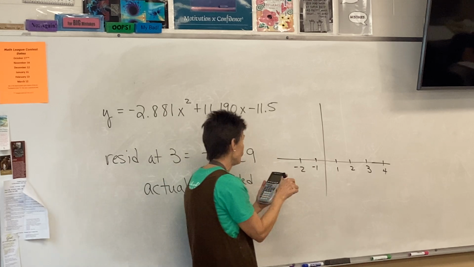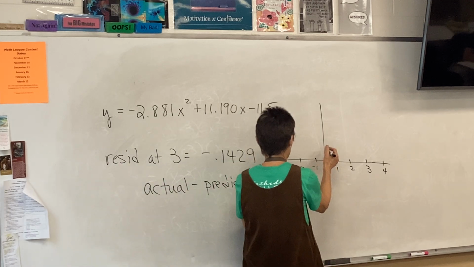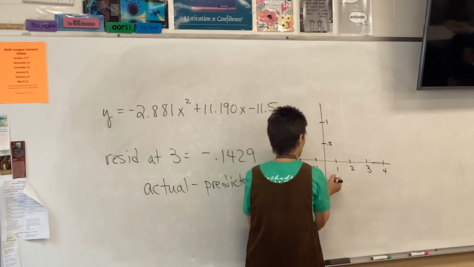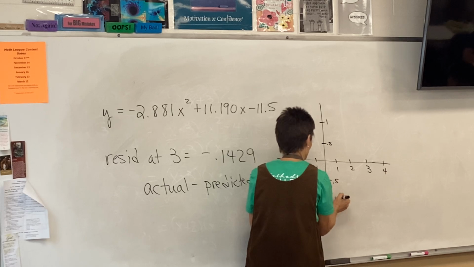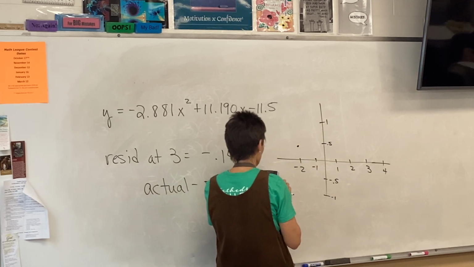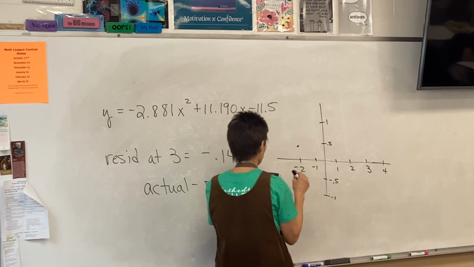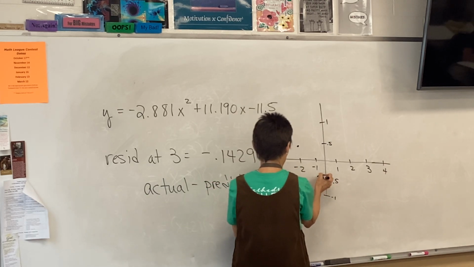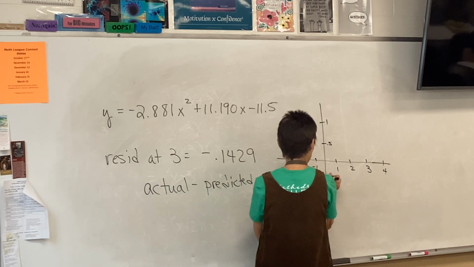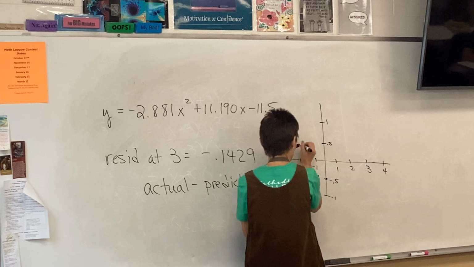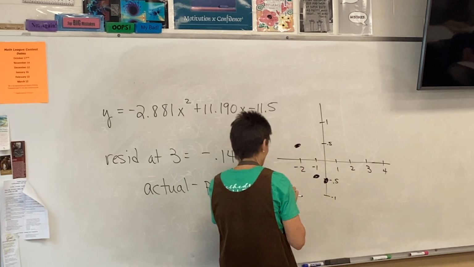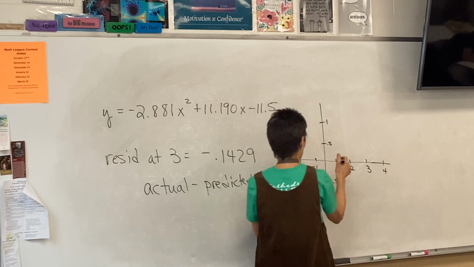So at -2, it's 0.404. So let's make this, I don't know, 0.5 and 1. All right, so 0.404. And then if you just arrow, it'll tell you the next one is -0.4. And then arrow, and that one is -0.5. And then the next one is at 0.2.